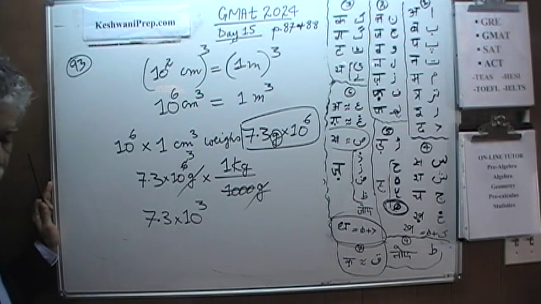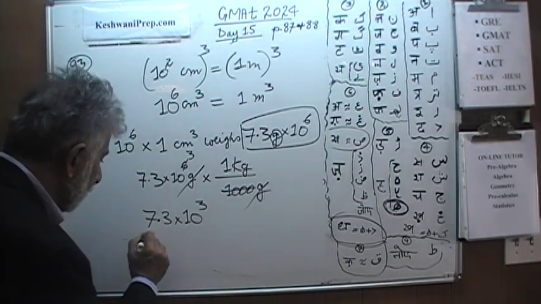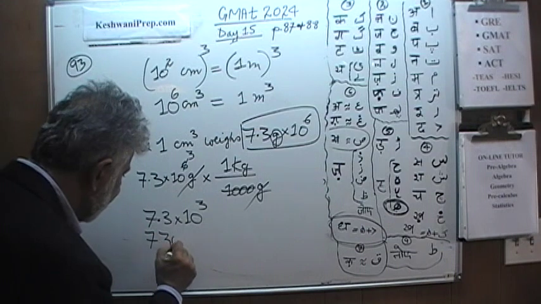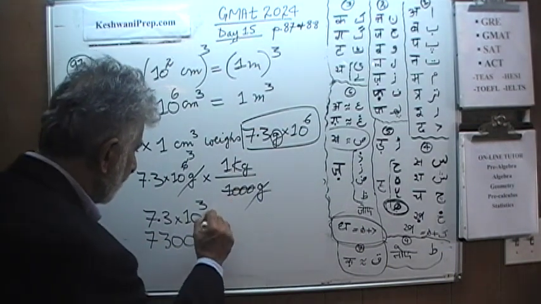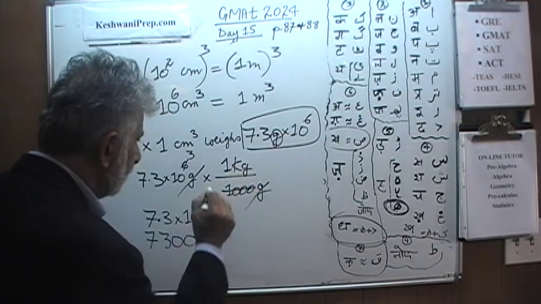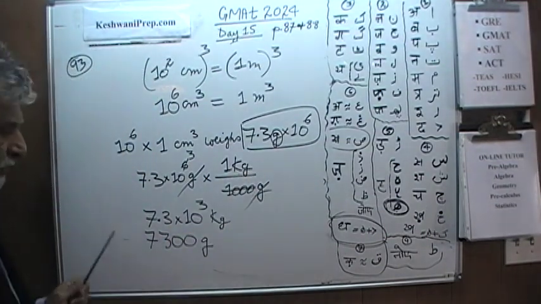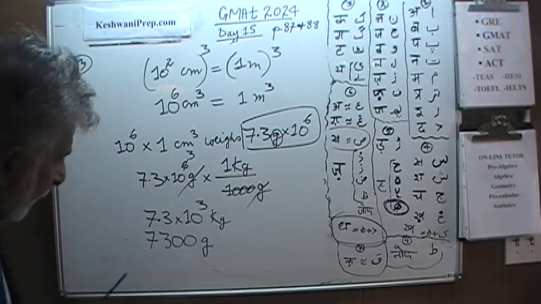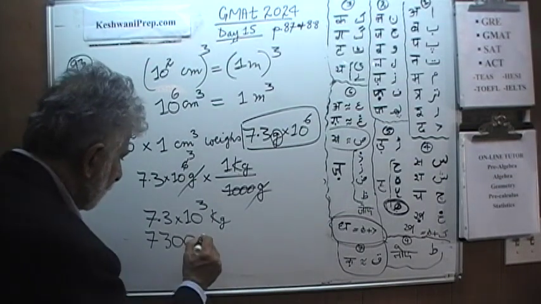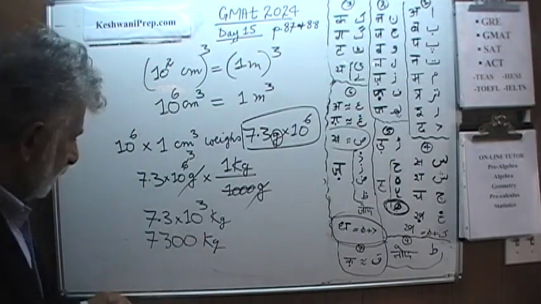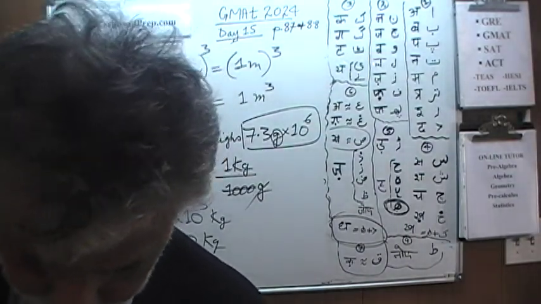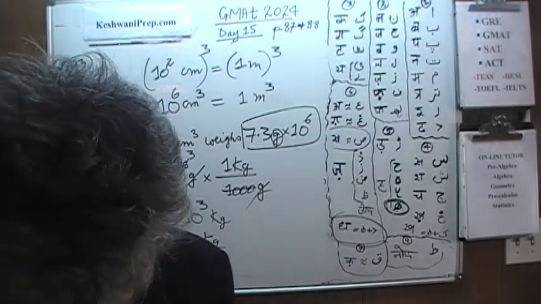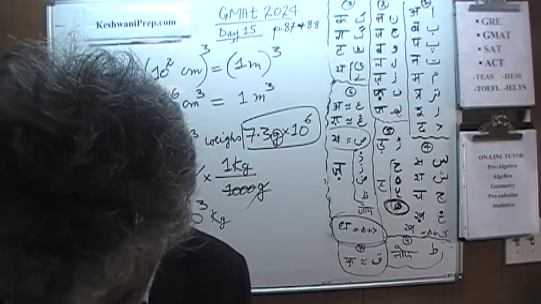Instead of writing in scientific notation, if you write it straightforwardly, we'll end up with 7,300. Remember, it's a kilogram now. The gram dropped out. So the answer is, this object weighs 7,300 kilogram. That was number 93.